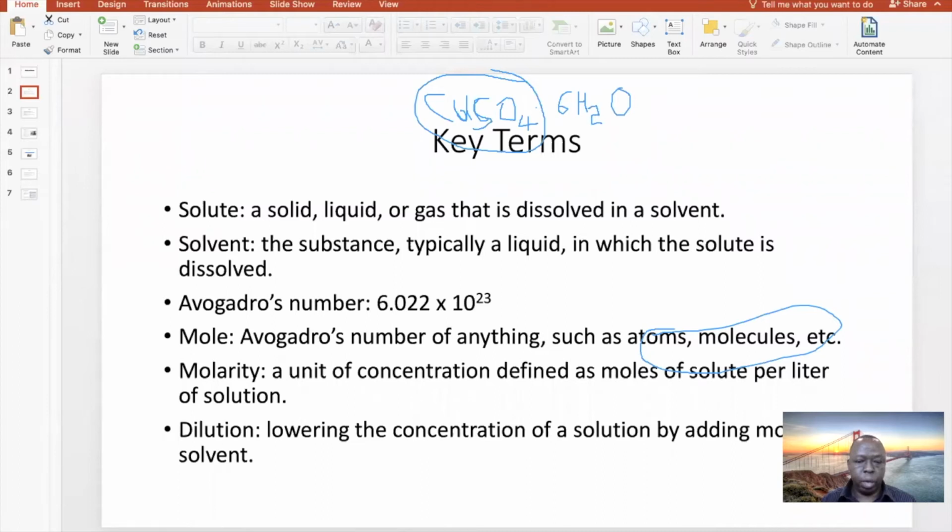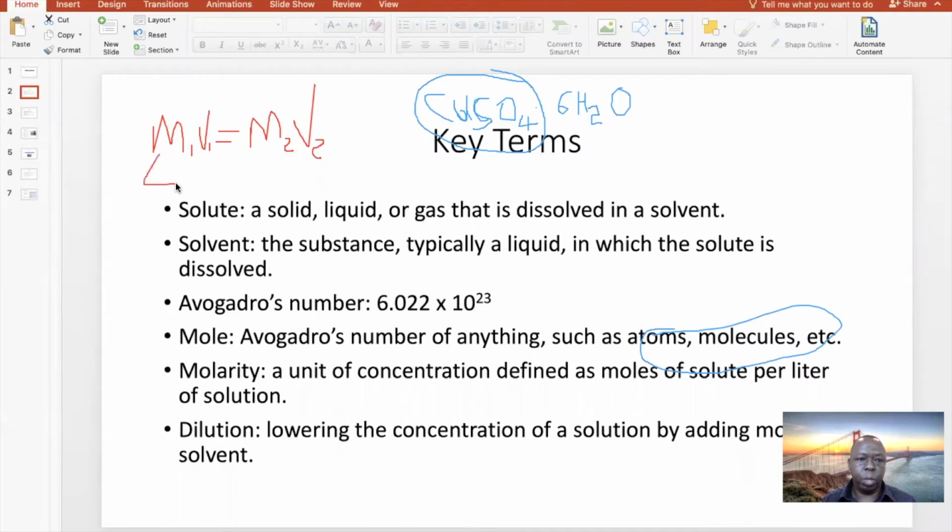We use this equation for the dilution law: M1 V1 equals M2 V2, where V is volume 1 and volume 2.